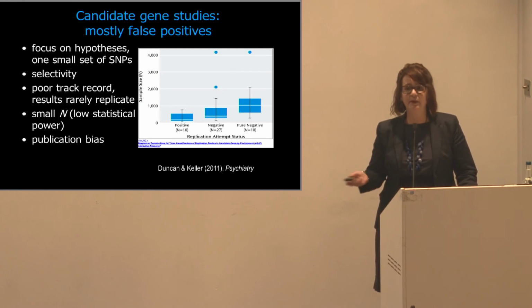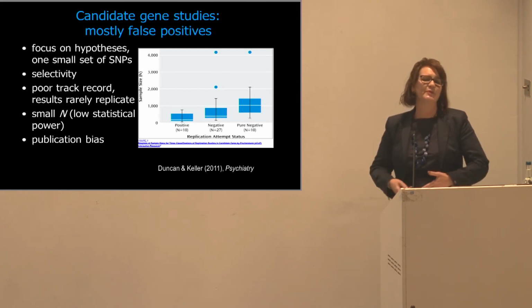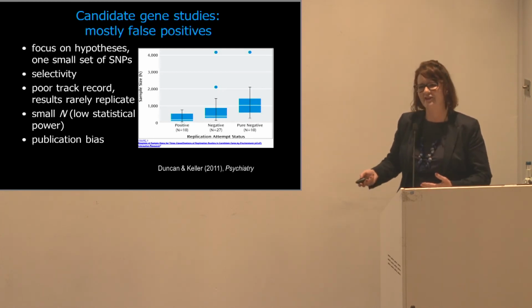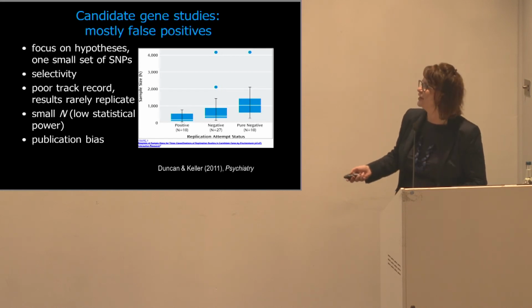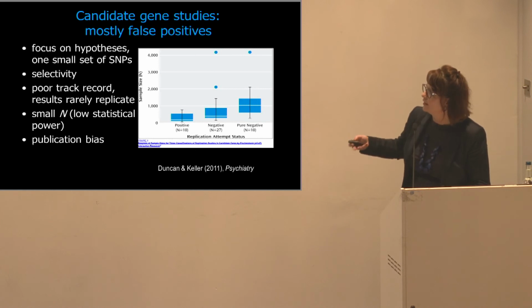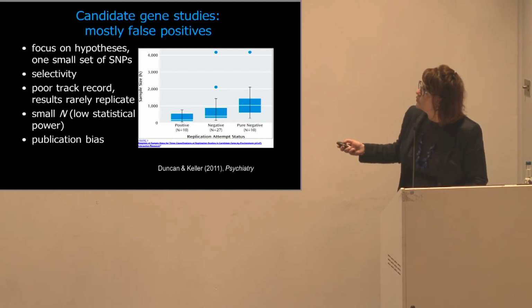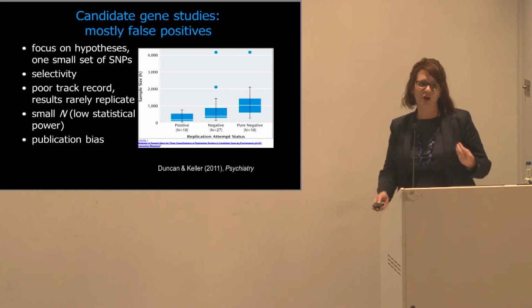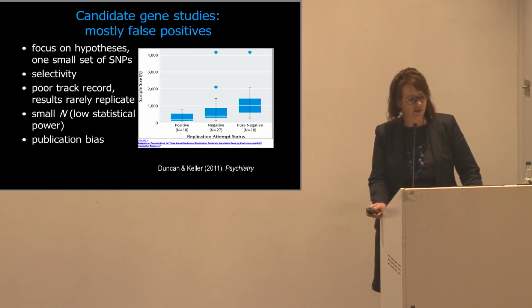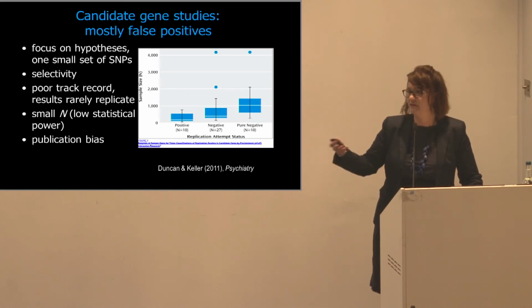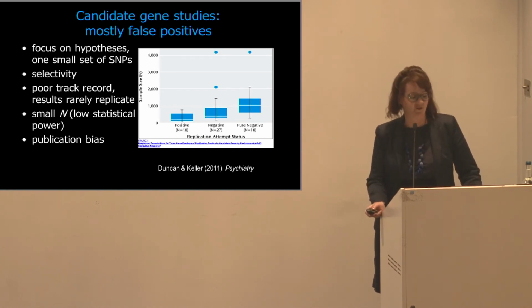I think many of you might be familiar with these, but there have been countless articles now coming out saying that most of these candidate gene studies could not be replicated. This is from Duncan and Keller, but there are other studies showing that these were often done on very small populations, on selective SNPs. They rarely replicated. They wouldn't have the statistical power to actually show these effects.